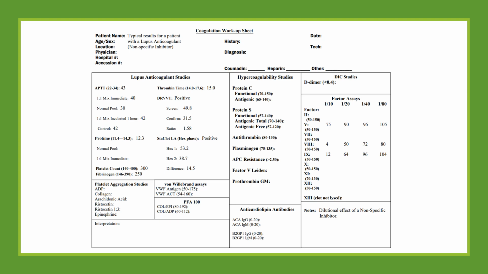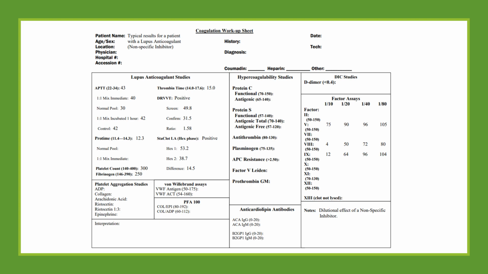and so we might go on to perform the DRVVT. Now, if our DRVVT test is positive, what we might see is first a screening. If our screening is greater than 39.5, we will continue on to a confirmatory test. We're going to divide the result we got for the screen by the confirm on that DRVVT to form a ratio.